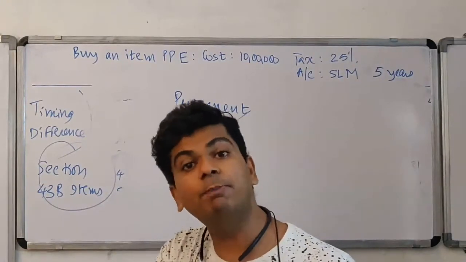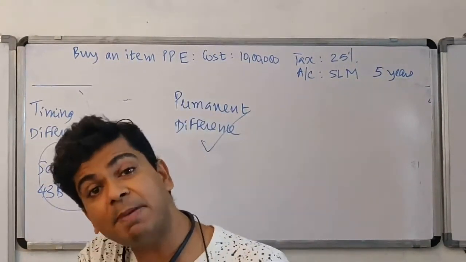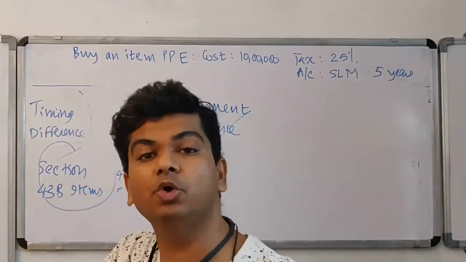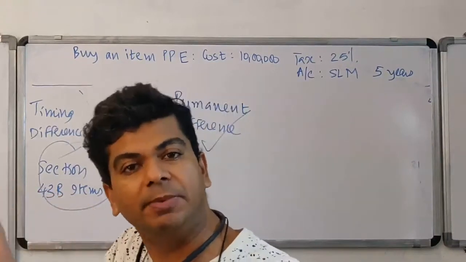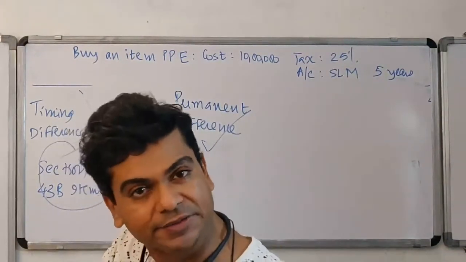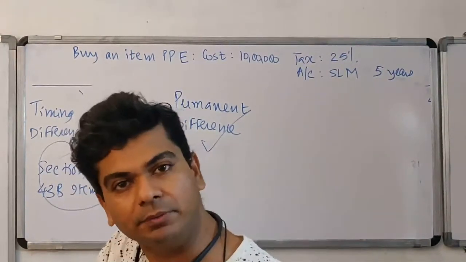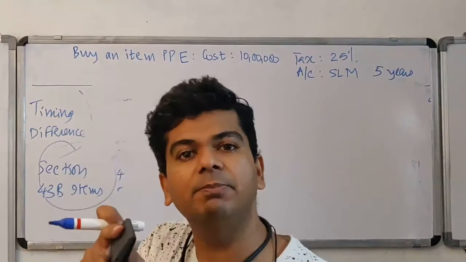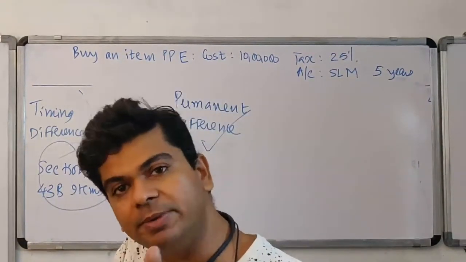For example, I have paid some penalty under the Income Tax Act. This penalty is debited by me to my profit and loss account. But when I compute my taxable income, penalty paid under the Income Tax Act is not allowed as a deduction. So you know what will happen? In my current year P&L, it will be debited, but for taxation, it will be disallowed.